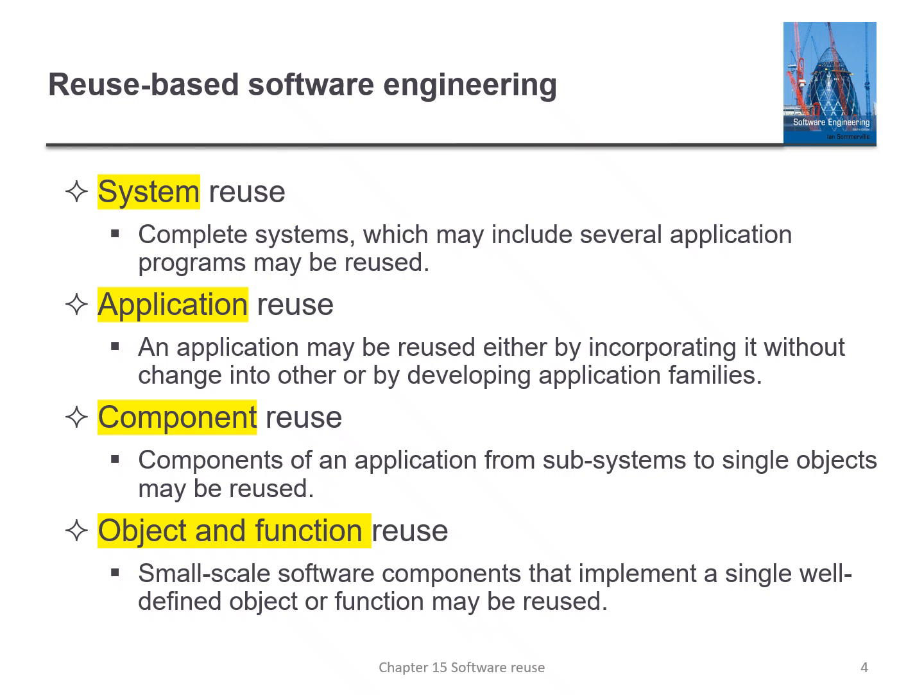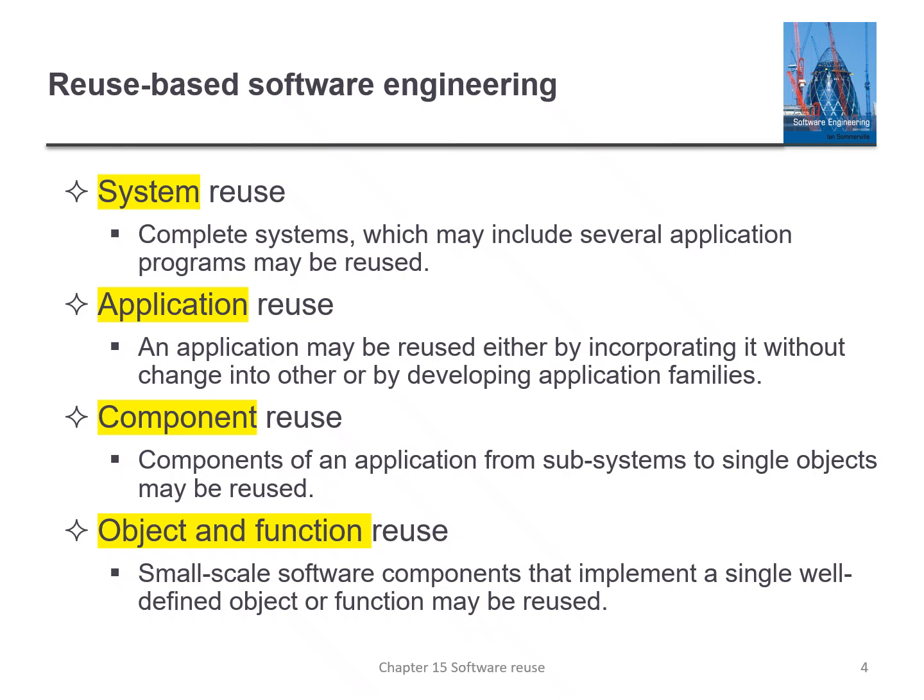As you can see here, in terms of the different levels, the top is a slightly larger level compared to the lower one, which is at the object and function level, where it is more at the programming level, involving reusing some of the objects and functions that are written by the programmer. There is also reuse in terms of the system, where we don't build a new software, but we are reusing an existing system.